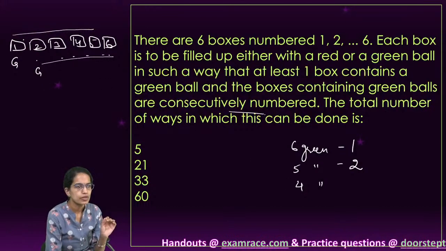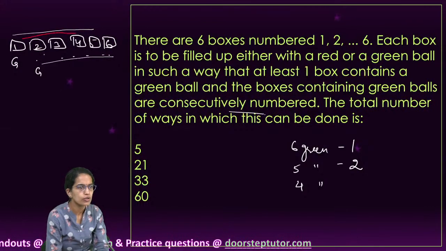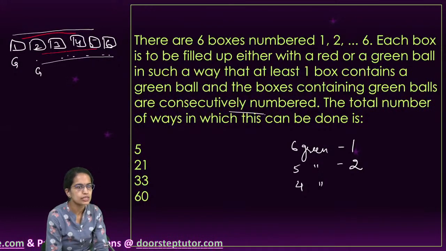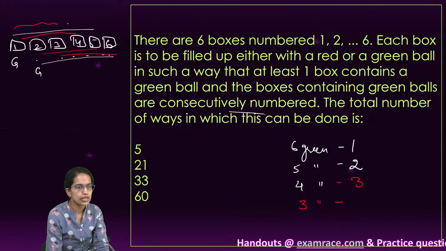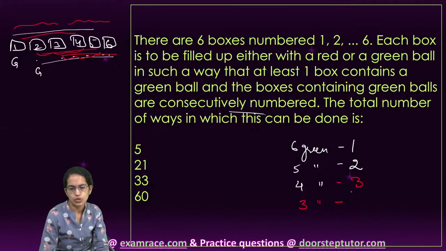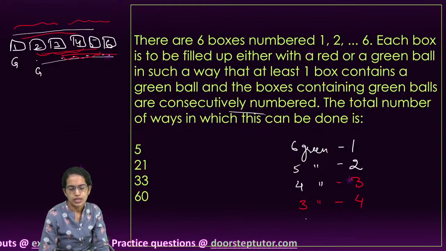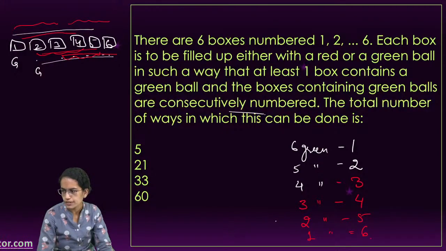It can be 1, 2, 3, 4, 2, 3, 4, 5, and 3, 4, 5, 6. So 3 ways. If I have 3 greens, how many ways? 1, 2, 3, then 2, 3, 4, then 3, 4, 5, and 4, 5, 6. So 4 ways. Similarly, if there are 2 greens, there would be 5 ways and if there is 1 green, there can be 6 ways of doing it.